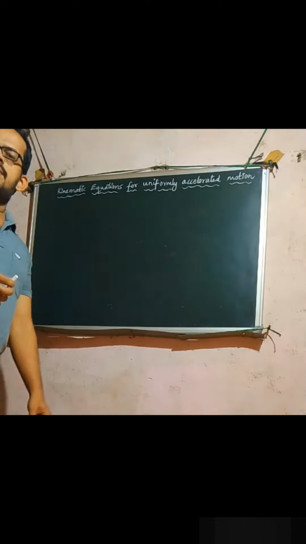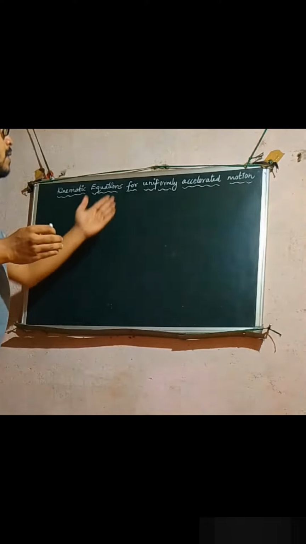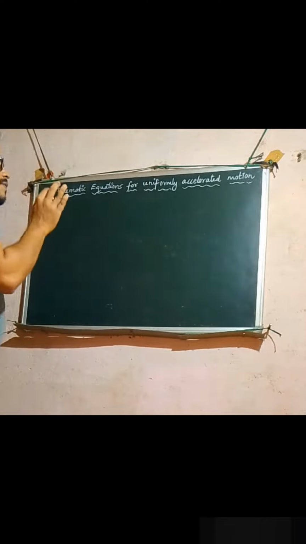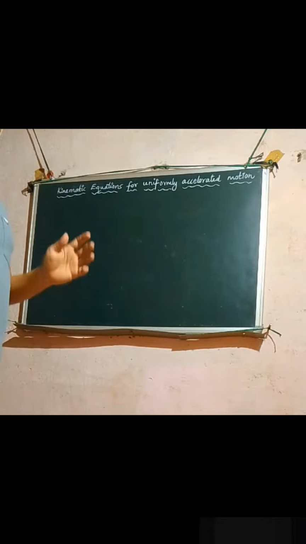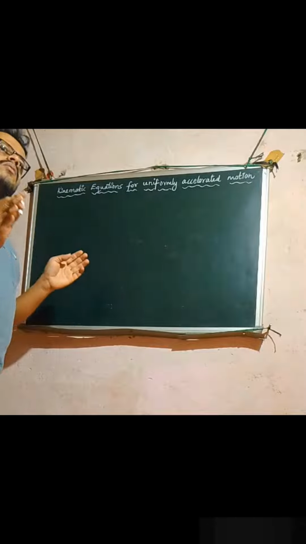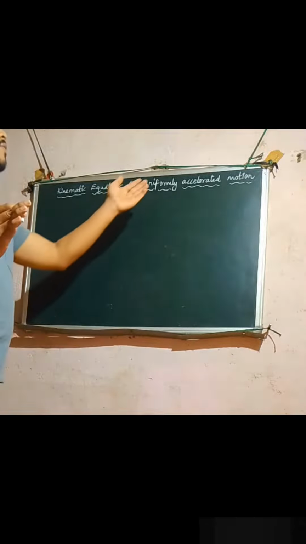For that, what we need is, we need to consider a uniformly accelerated motion. So, what we do is, we'll just consider a body is moving with a uniform acceleration.